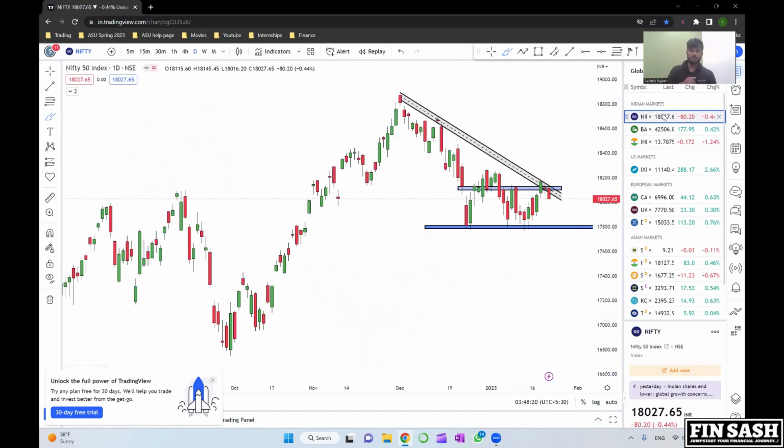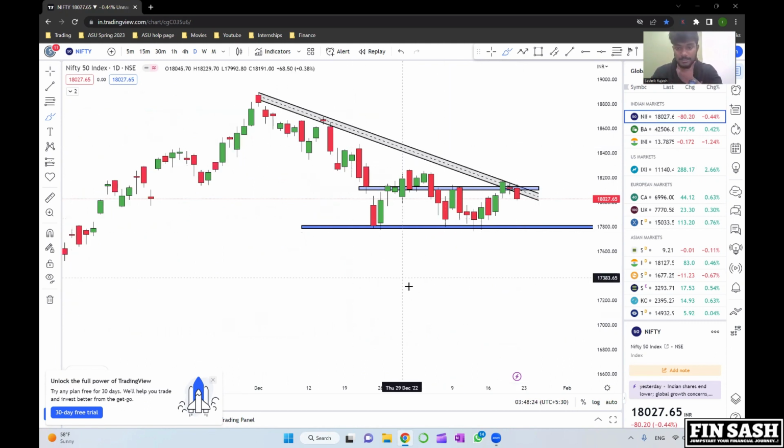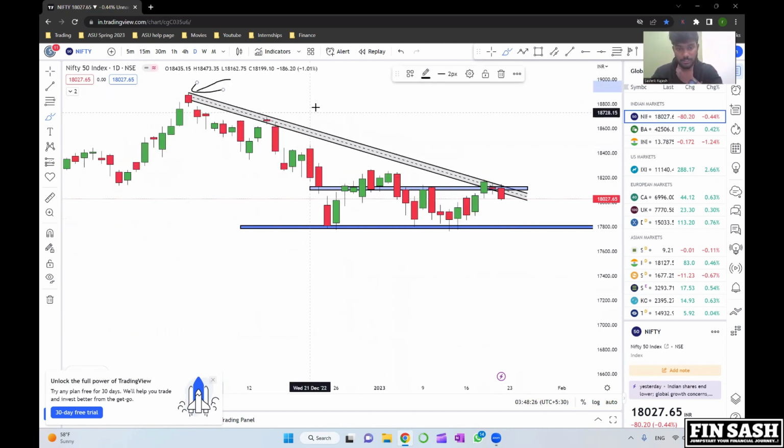Now moving on to Nifty, right? So in the last analysis, so again, Nifty is also taking support from this trend line. So in the last analysis, the market was somewhere here, right? And then, so the previous move of the market was a downtrend, right?